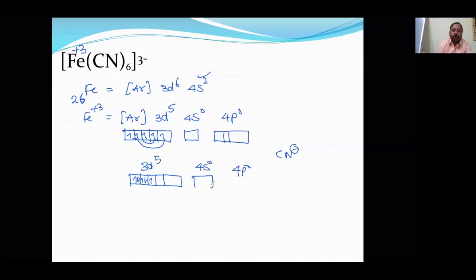Is that clear to all of you? Now this is the hybridization, inner octahedral d2sp3, but still one unpaired electron is there, so it is paramagnetic. What magnetic nature is this one? Paramagnetic. I think all doubts are clear now: magnetic nature, hybridization and structure.